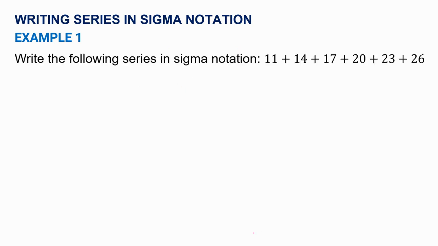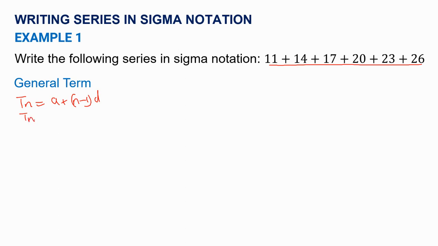Right, let's do example 1. So what do we need to do here? We need to find our general term. Check your sequence. What type of sequence is it? This is an arithmetic sequence. So let's find the general term for an arithmetic sequence. We use Tn is equal to a plus (n minus 1)d. The common difference is 3, and a is 11.